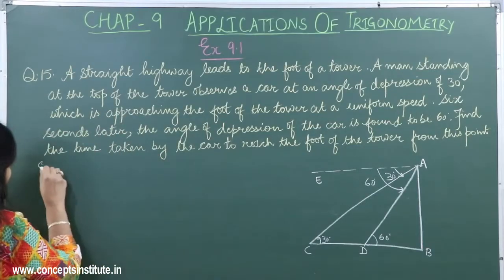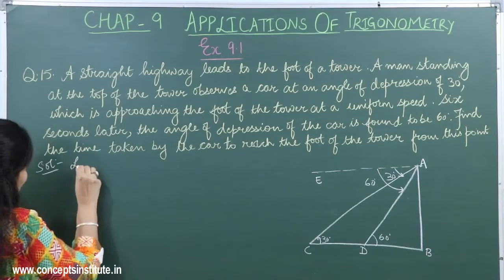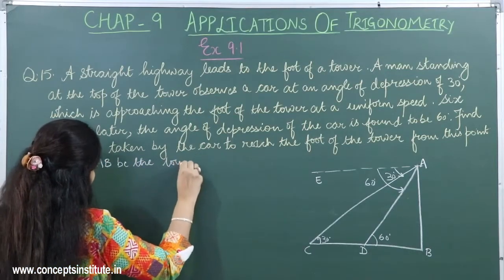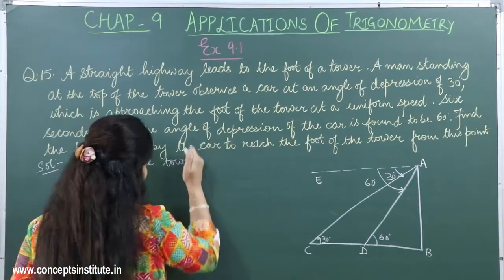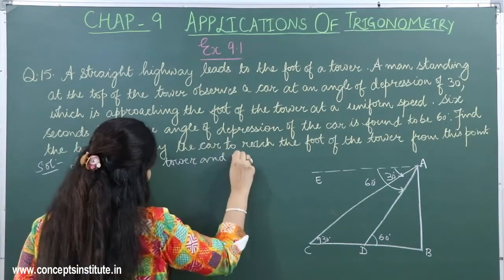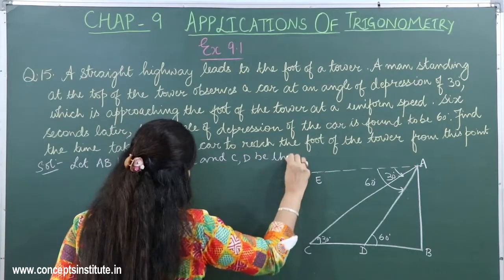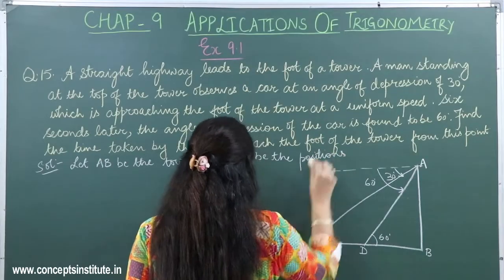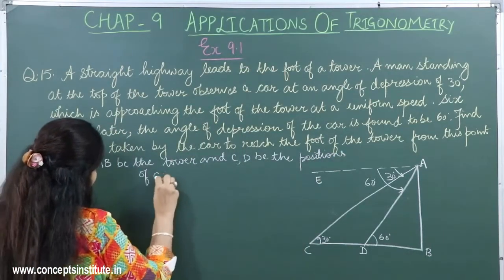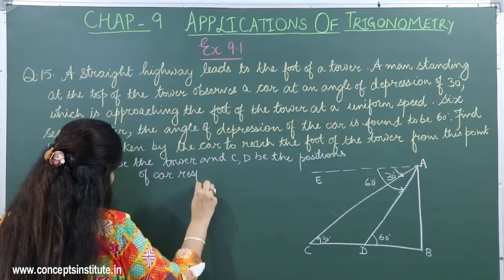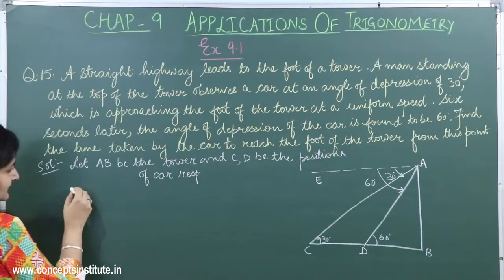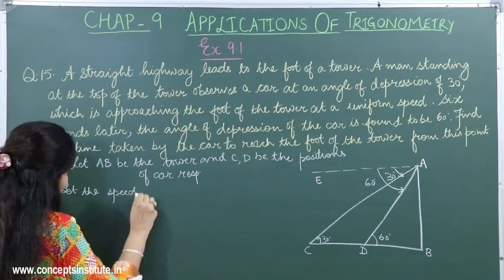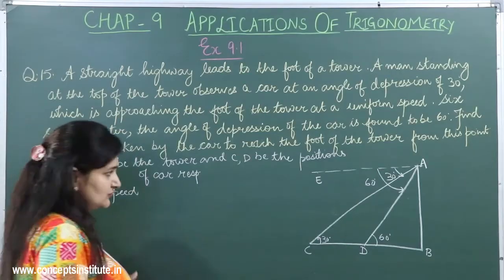Now students, let's see how do we solve this. So I am going to say that let AB be the tower and C and D be the positions of car respectively, right? Now I say that let the speed of car, see I have to assume the speed because only then I can find out the distance.